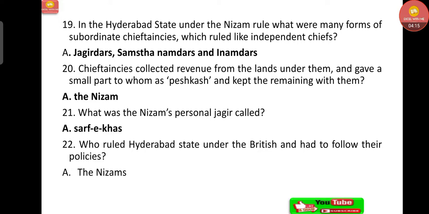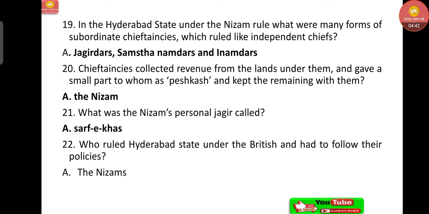Now, in the Hyderabad state under the Nizam rule, what were many forms of subordinate chieftaincies which ruled like independent chiefs? They were Jagirdars, Samstha Namdars and Inamdars. Now, these chieftaincies collected revenue from the lands under them and gave a small part to whom as peshkash and kept the remaining with them?